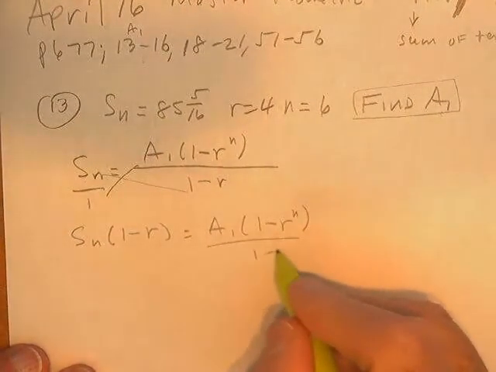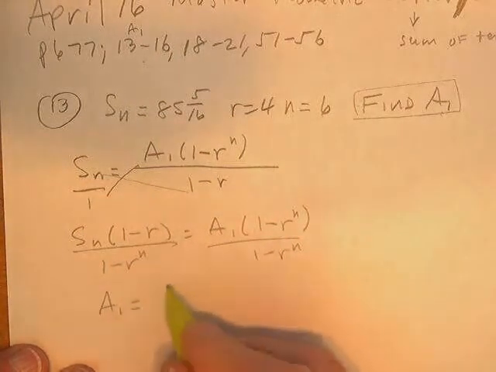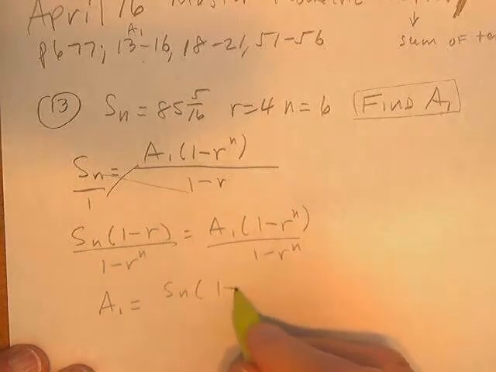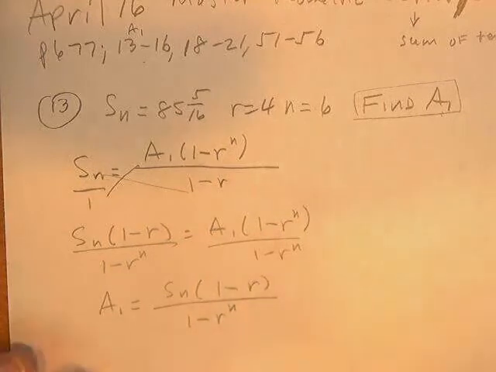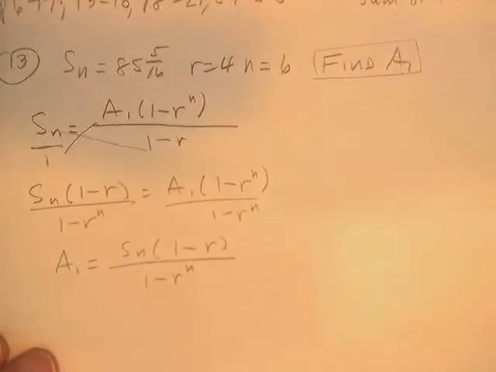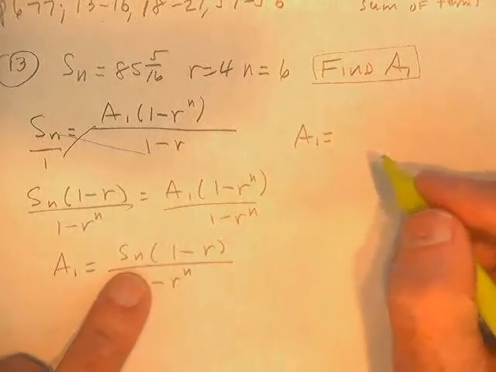Then let's divide by 1 minus r to the n on both sides. I'm going to write A1 on the left. And there's my formula. And so let's just substitute into it.